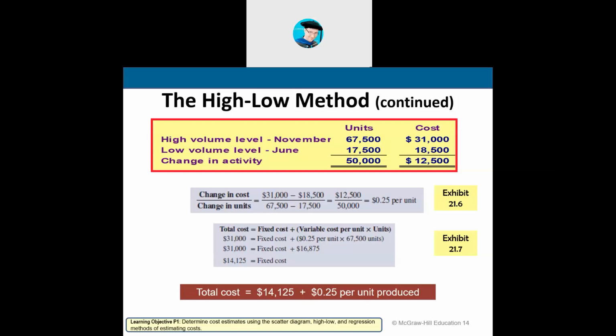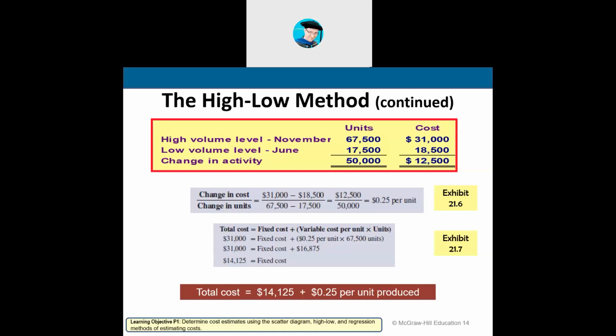My fixed cost is 14,125. How do we find it? We took our total cost minus our variable cost to find the fixed cost.